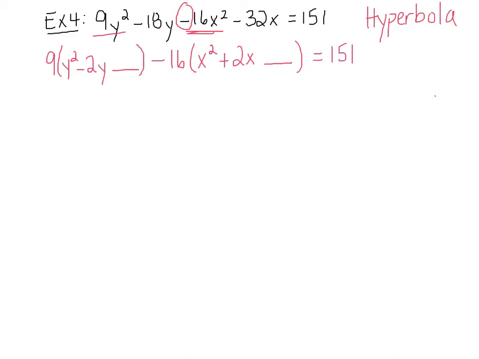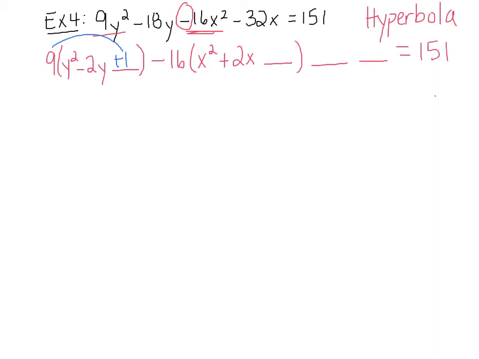Alright, now let's go ahead and complete our square. Half of negative 2 is negative 1. Square it, plus 1. Make sure when you balance it, you're going to multiply these two together, so it's plus 9. Oh, and I forgot to put my spaces in there, didn't I? Let's fix that really quick. There.